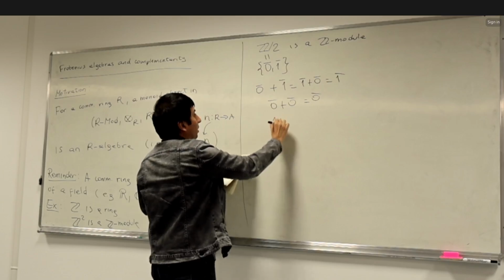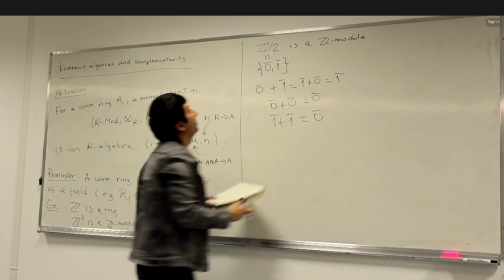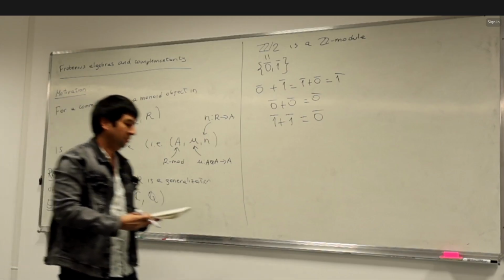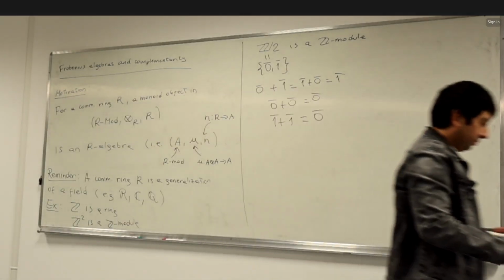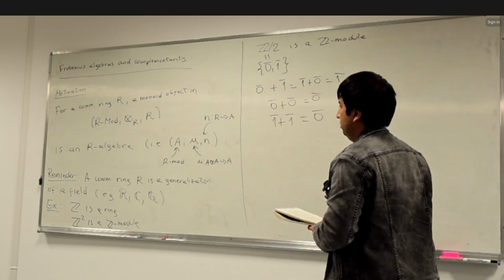But here we have something different from the real case. Okay, the integers modulo 2 is a Z module.